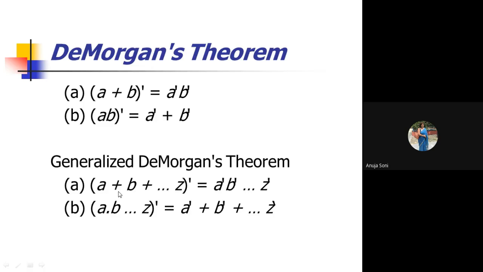Similarly, all OR operators are replaced by AND operators. Similarly, the complement of the ANDing of all the variables will be equivalent to the ORing of all the complemented variables separately: a dash plus b dash and so on. So now these two De Morgan's theorems will be applied in order to simplify your Boolean expression.